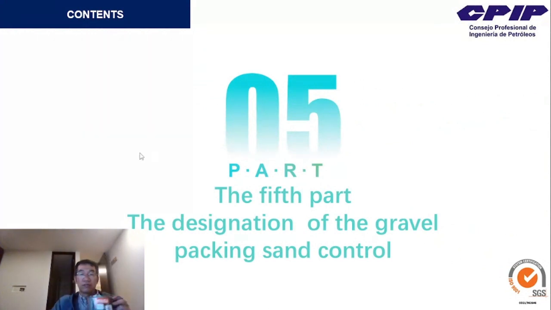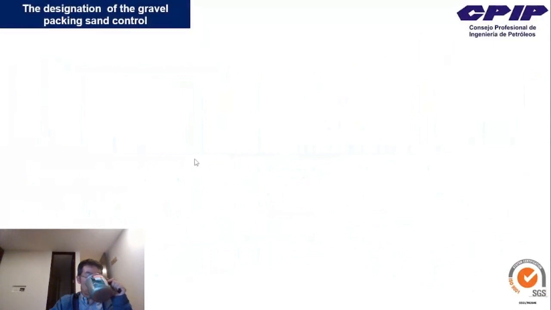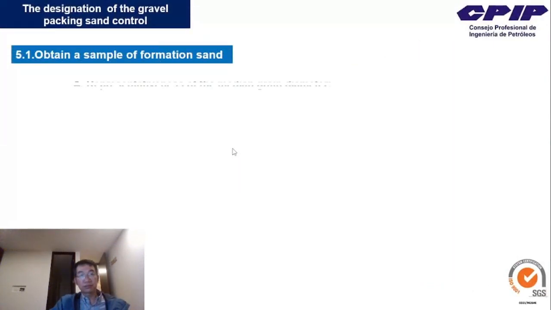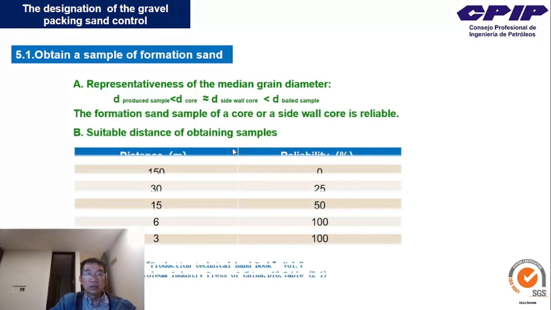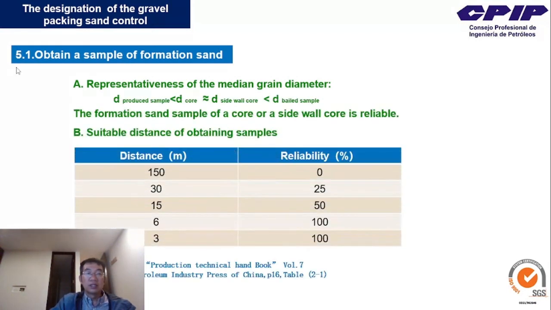Okay, the fifth part is the design of the gravel packing sand control. 5.1 Obtain a sample of formation sand.